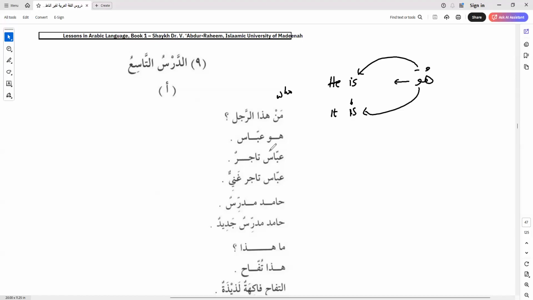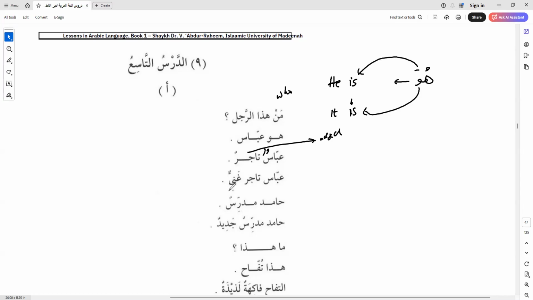Abbasu tajirun. Abbas is a merchant. So you see that this is an adjective, right? Abbasun tajirun ghaniyyun. Abbas is a rich merchant.